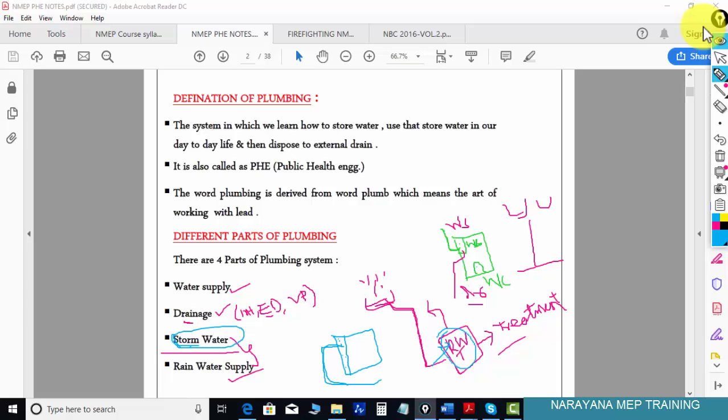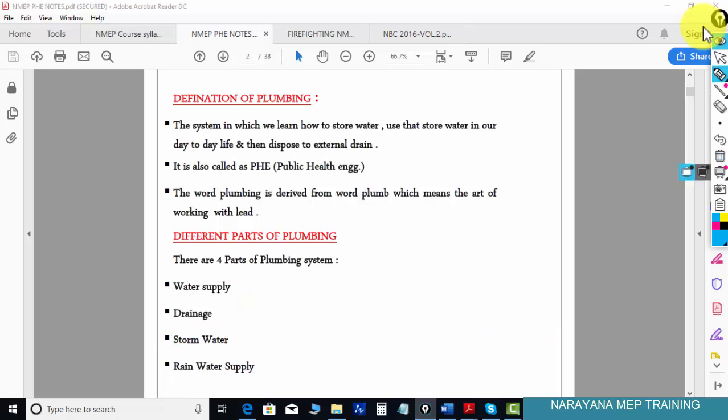This is the difference between these two. And storm water, what you call storm water drainage, is also there in the basement drain. Water supply is there, and drainage also in the basement. Yesterday I told you about car parking. In the basement, car parking is there, so this is your driveway. In between the driveway, one drain will be there, some 300 or something based on your calculation.